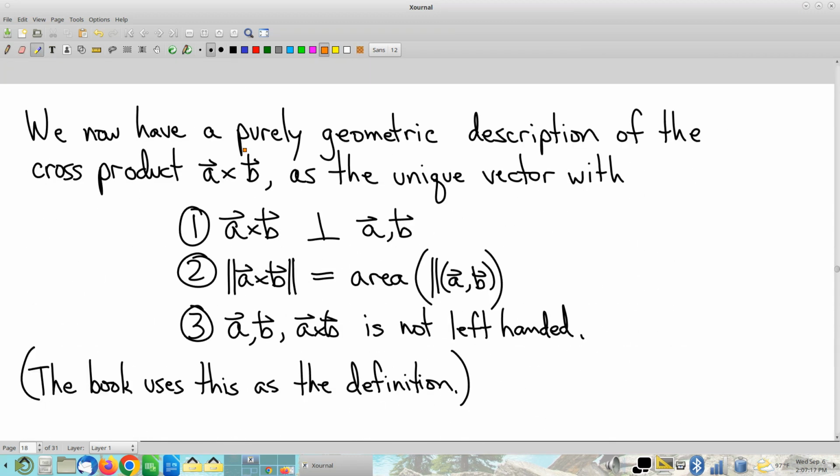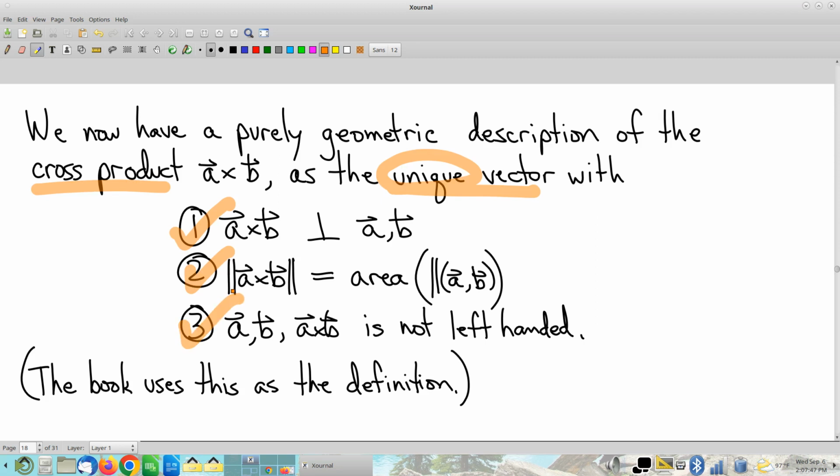Okay, so all together now we have what I'm going to call a purely geometric description of the cross product. Reminder: we defined the cross product with a formula, a purely algebraic description. Alternatively, if you want to talk about the cross product, it's fair to define the cross product to be the unique vector that satisfies all 3 of these conditions.